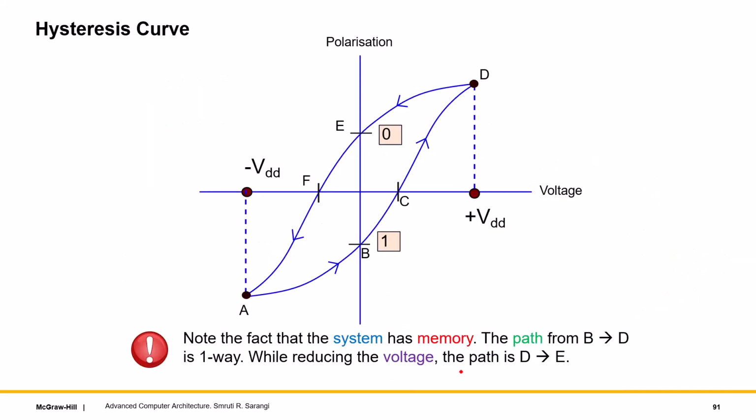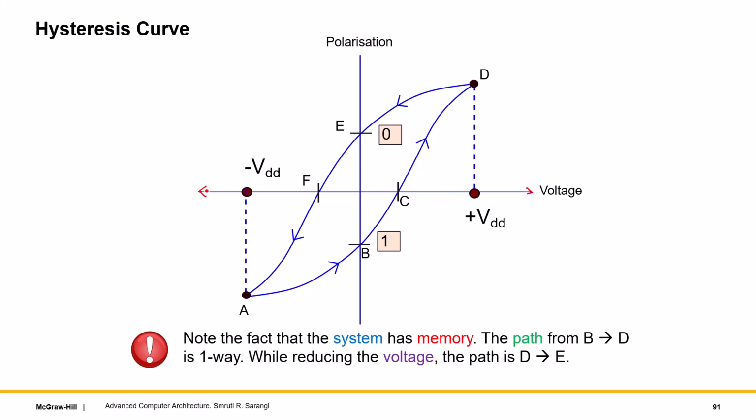The hysteresis curve of FeRAM would look something like this, where the x-axis is the voltage that is applied. And you already know the relationship between voltage and electric field. The electric field is essentially the negative space derivative of the voltage.